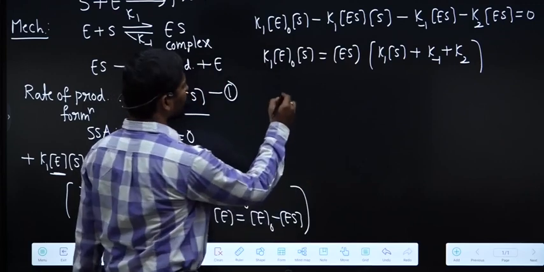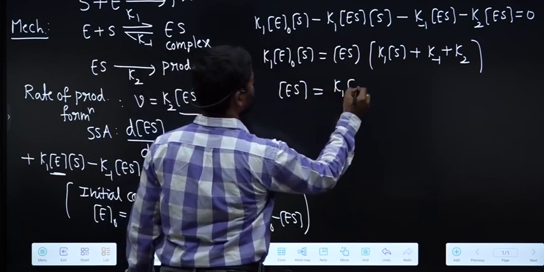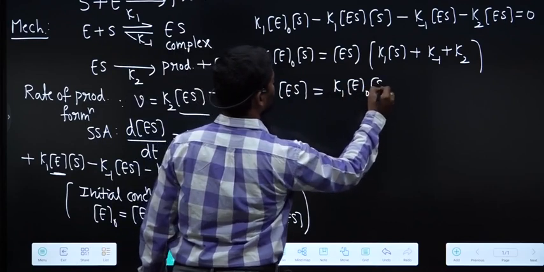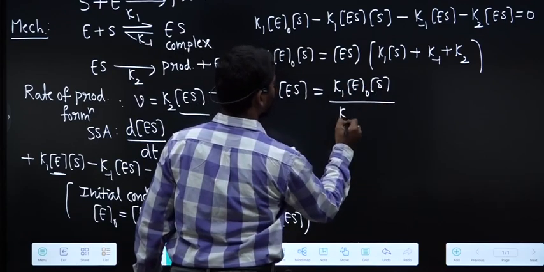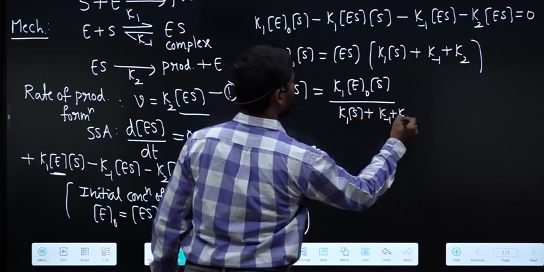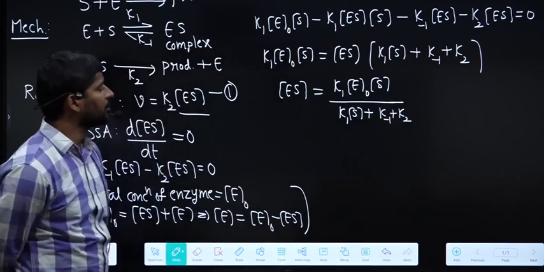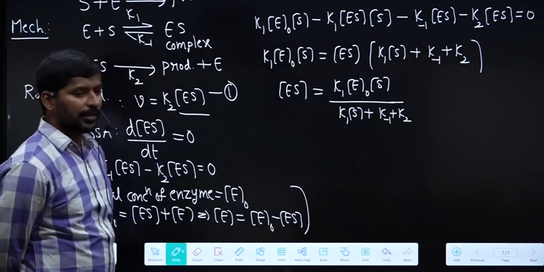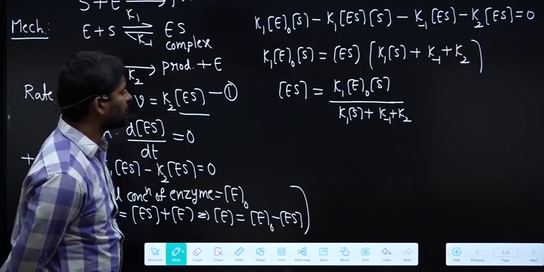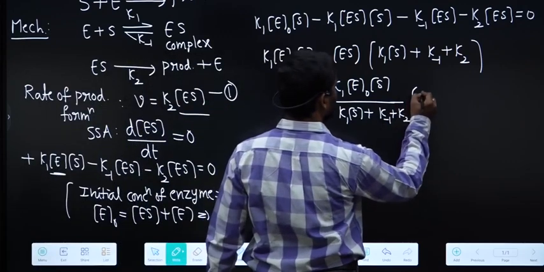And the final expression for the concentration of ES is K1 into E naught into S by K1 into S plus K minus 1 plus K2.